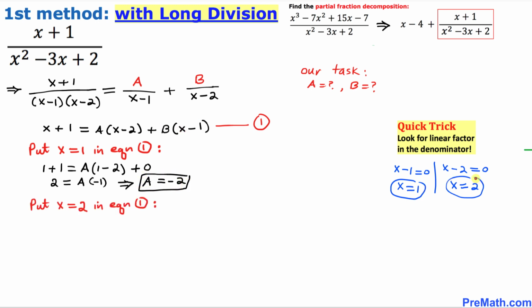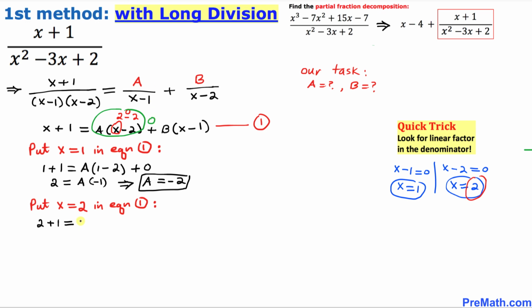And now we are going to focus on x equal to 2. Put x equal to 2 in equation 1. So let's go ahead and do that over here. The left hand side is going to become 2 plus 1 equal to, and over here when I replace this x by 2, 2 minus 2 is going to give us 0. So 0 means that whole term is going to become 0.